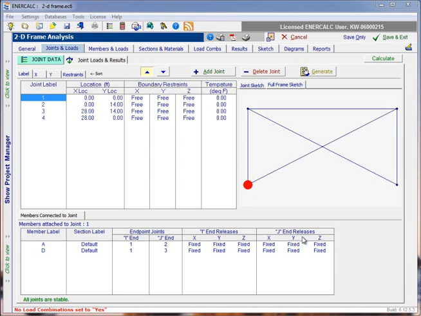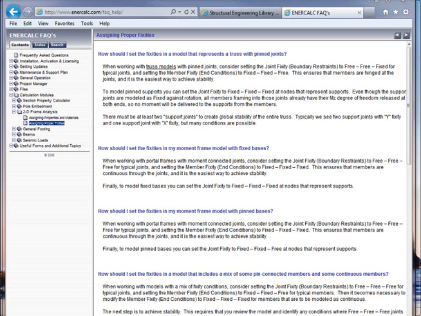The other thing that I would point out is that if you're ever in doubt as to what the right thing is to do, I'm now showing a view of our frequently asked questions document, which is available online.